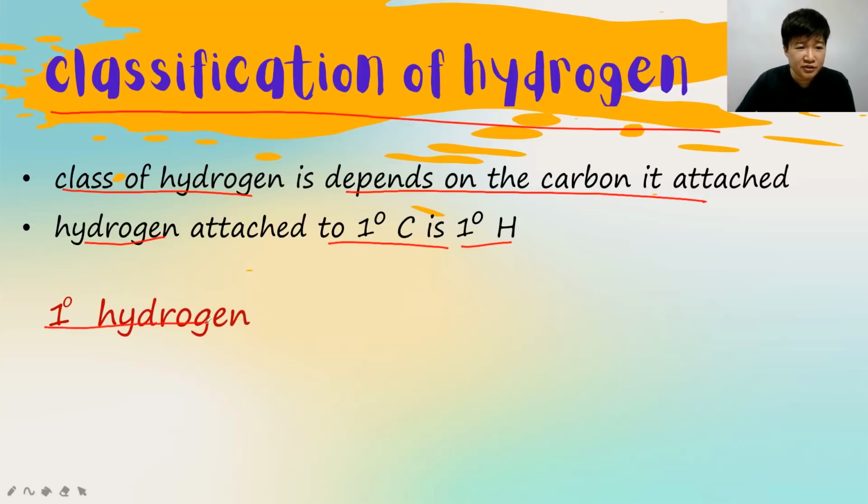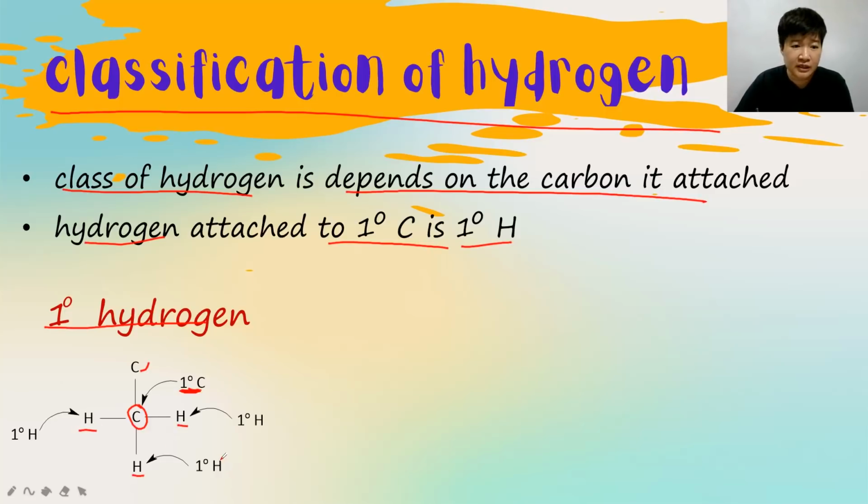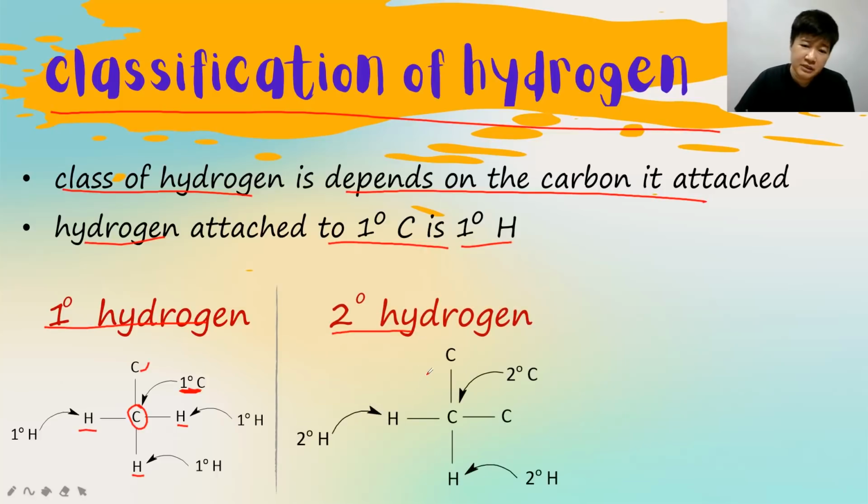So primary hydrogen over here means that the hydrogen is sitting with a primary carbon. So this carbon right now is a primary carbon because it's sitting with only 1 carbon. So these 3 hydrogen will automatically be primary hydrogen. Secondary hydrogen over here means that the carbon is a secondary carbon, because the carbon is bonded to 2 carbon.